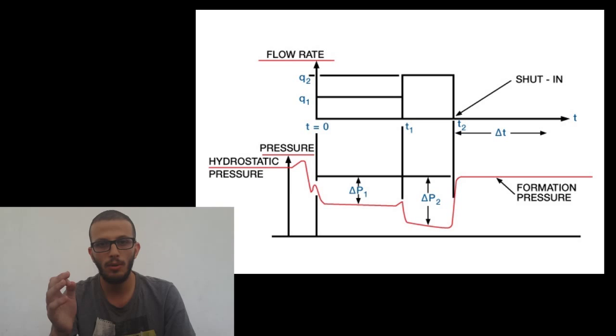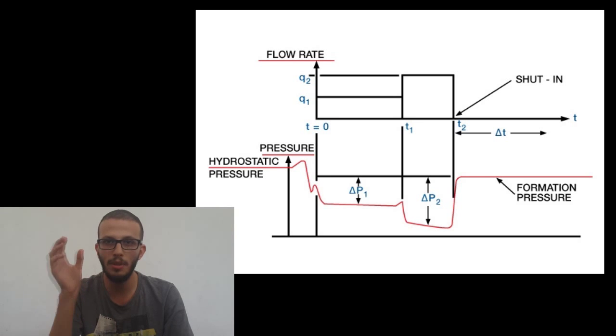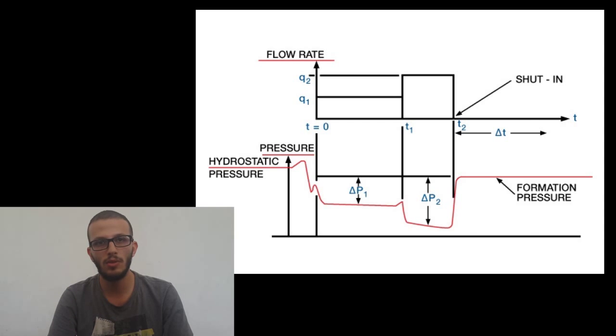And after we shut in the well, we will get the best response for permeability, and it will be an indication of our formation permeability. Neither this delta P1 or delta P2, it will be this delta P after the shut-in. Okay, this is the first one.